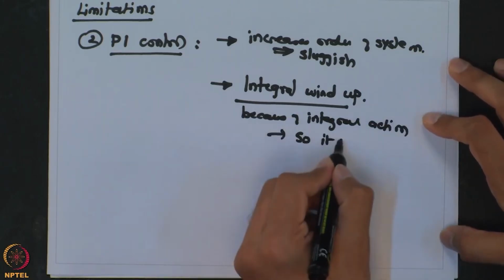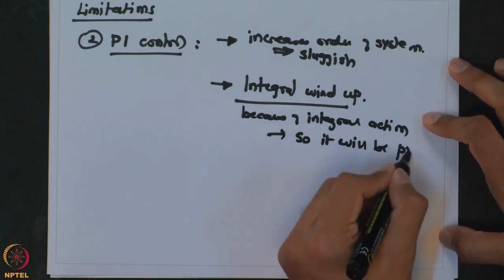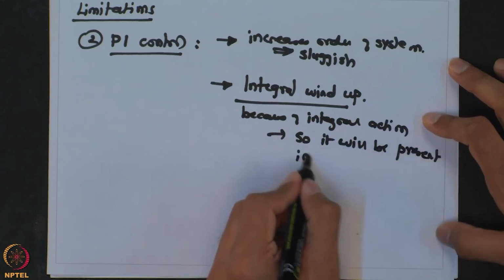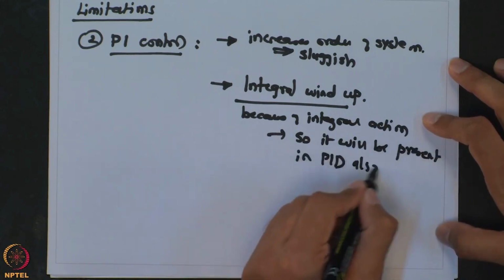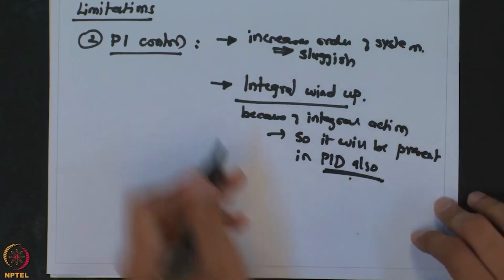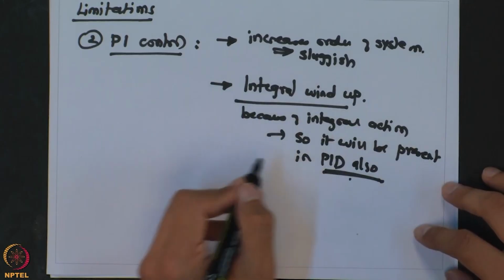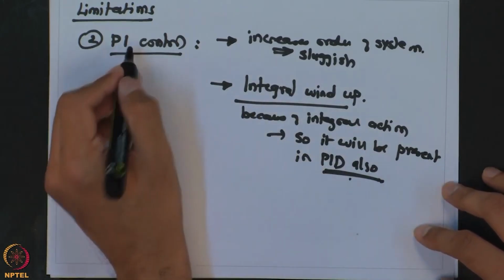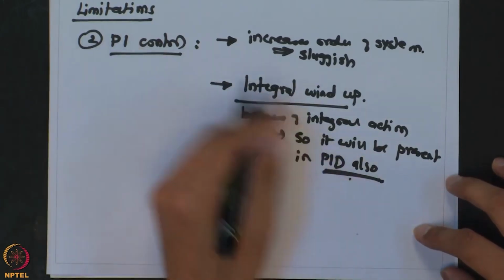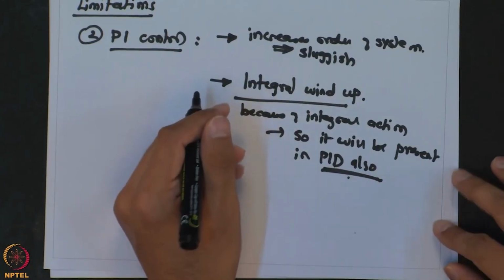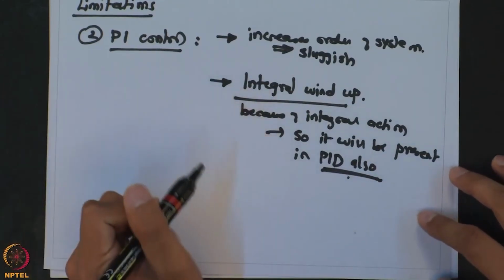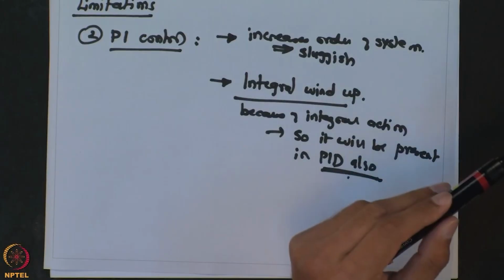So, it will be present in PID also, because it is the product of having an integral action into the system. So, as integral action is present in PID control as well, this integral wind up may also occur during PID control as well. So, let us look at what is a integral wind up.